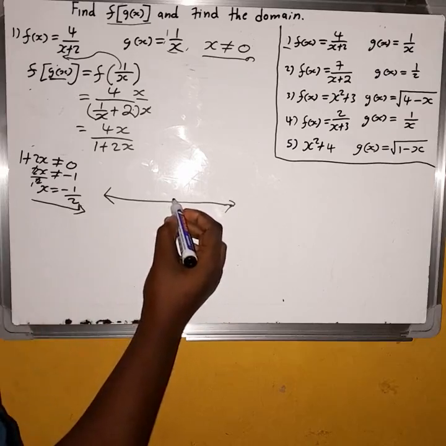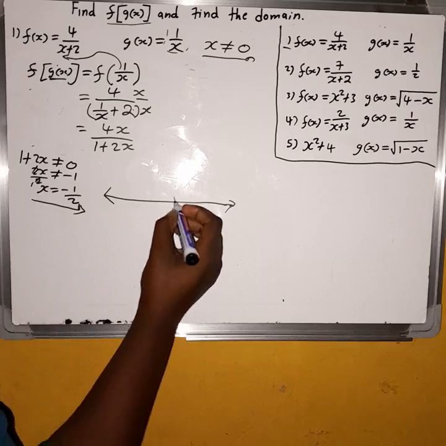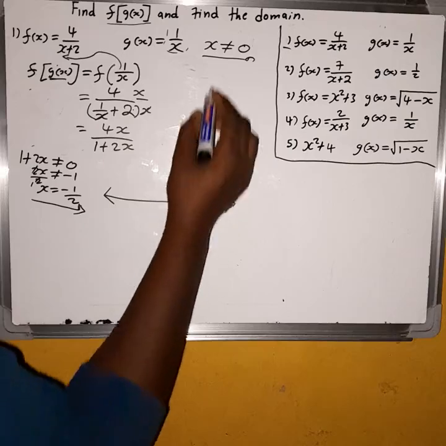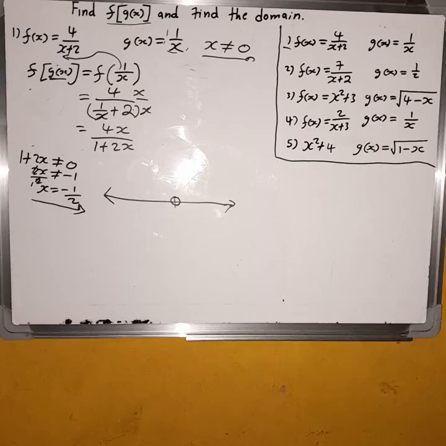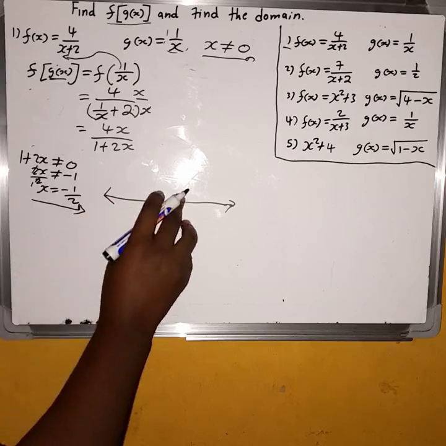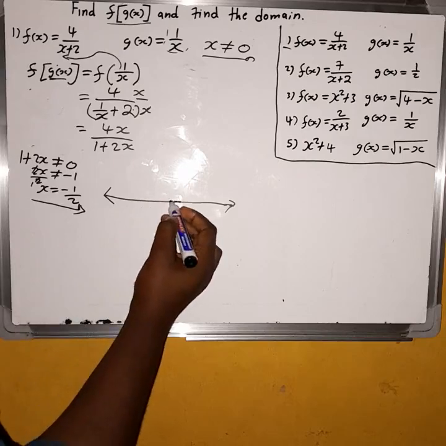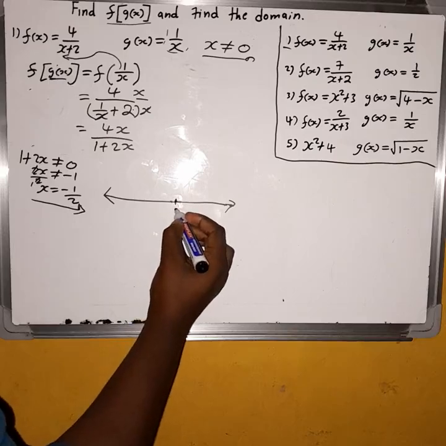Here you can put 0. In our number line, here we'll have 0.